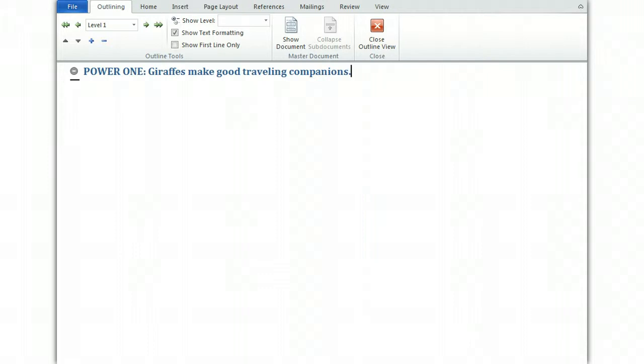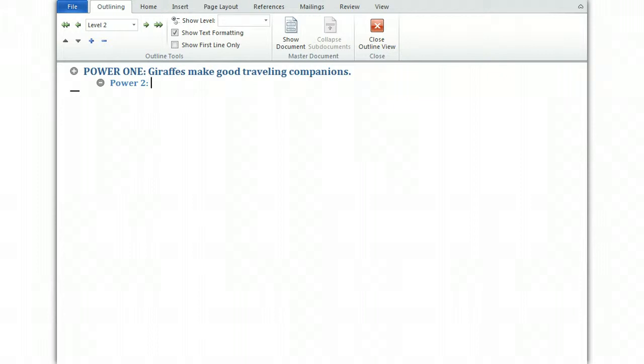I'll need 2, 3, or 4 reasons why they make good traveling companions. So I will hit the Enter key and tab in once, and you'll see that it automatically moves to what will be the Power 2 position, which is a detail about why giraffes make good traveling companions.